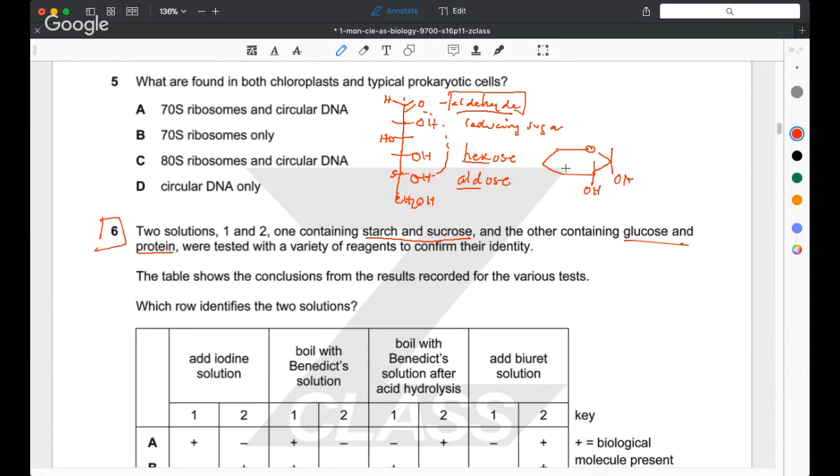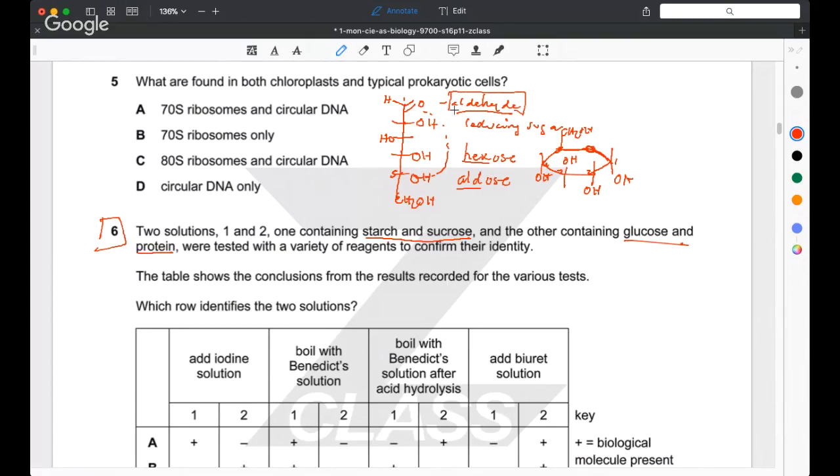Hope you can see what I mean. And you've got the CH2OH there. So if you count round here, 1, 2, 3, 4, 5, you can see that linkage there through the oxygen atom between carbon 1 and carbon 5 is exactly what we had in the straight chain form here.